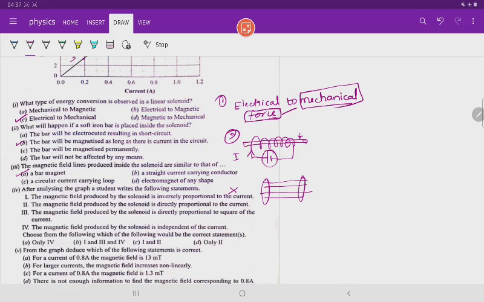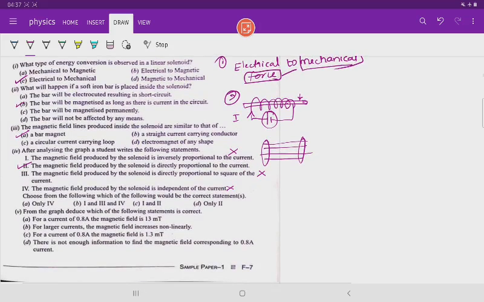The magnetic field is directly proportional to current, yes, this is correct. Directly proportional to the square of current? No, it is directly proportional, not the square. The magnetic field produced by the solenoid is independent of current? No, this statement is wrong. So the answer to question number 4 is: only statement 2 is correct, the magnetic field produced by the solenoid is directly proportional to the current.